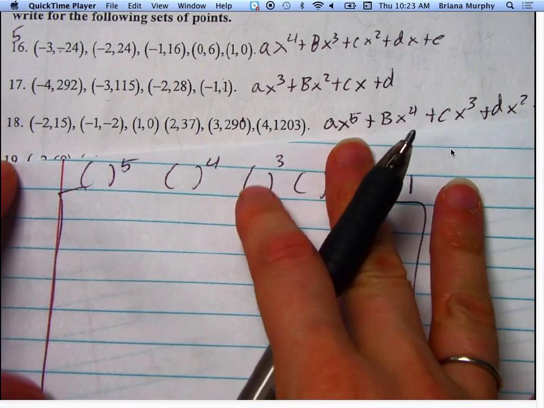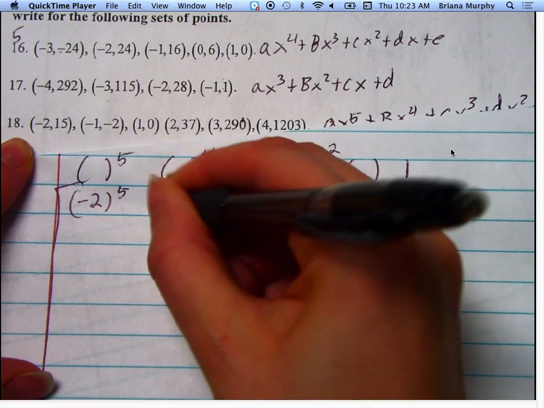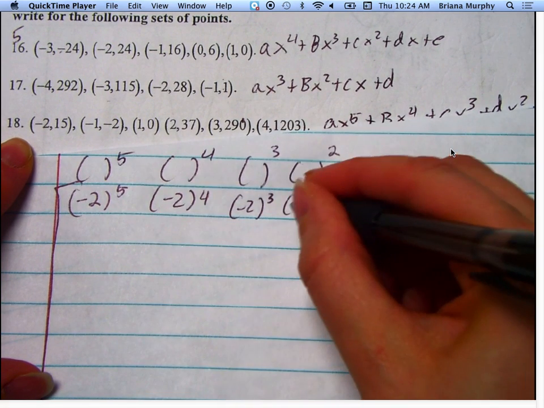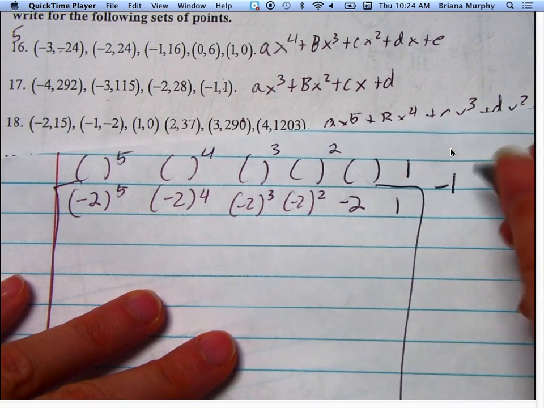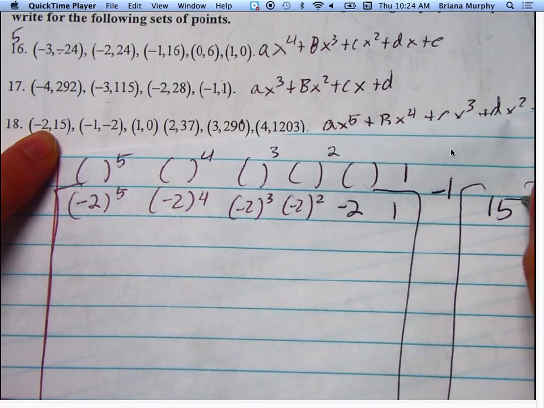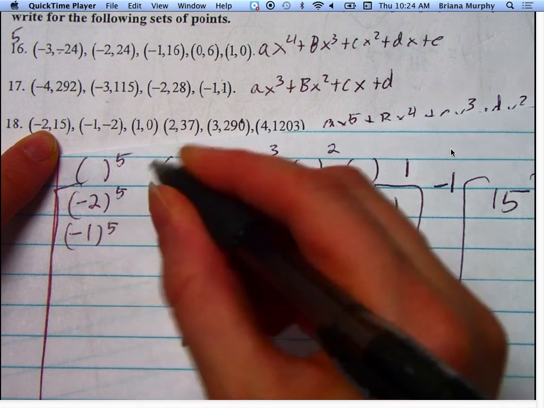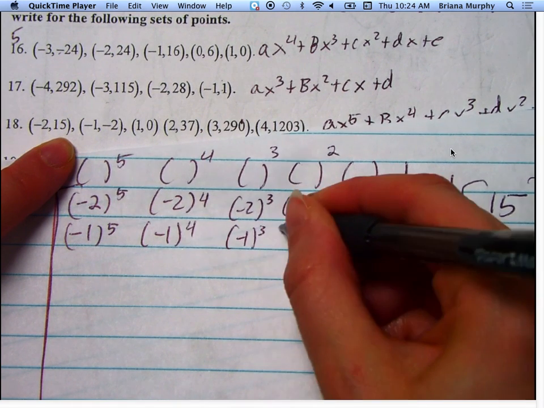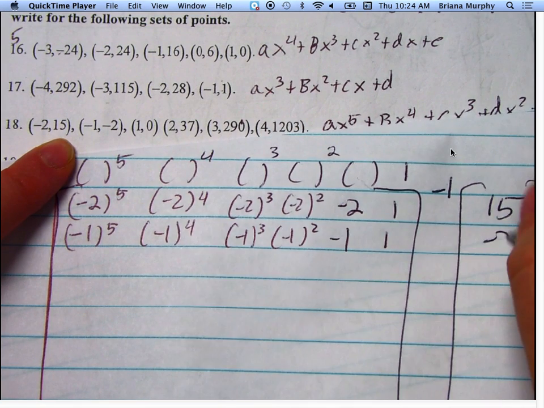Okay? So for 18, I'm going to put -2 to the 5th, to the 4th, cubed, squared, by itself, 1, take it to the -1 power and times it by its constraint matrices. And in this case, I'm going to put 15. Then I'm going to go -1 to the 5th, -1 to the 4th, -1 cubed, -1 squared, -1, 1 to the -2.